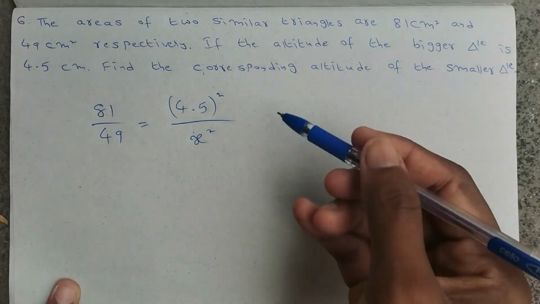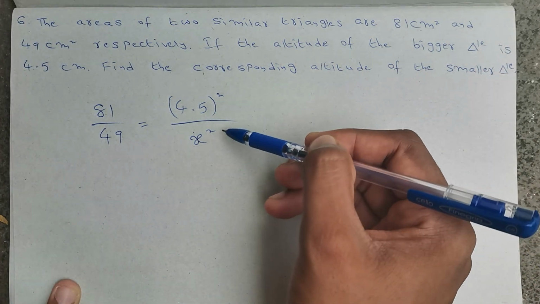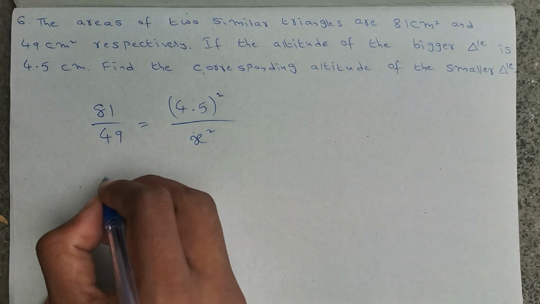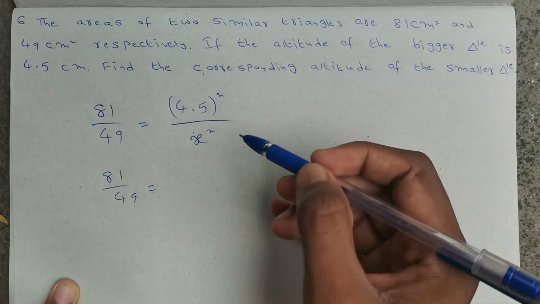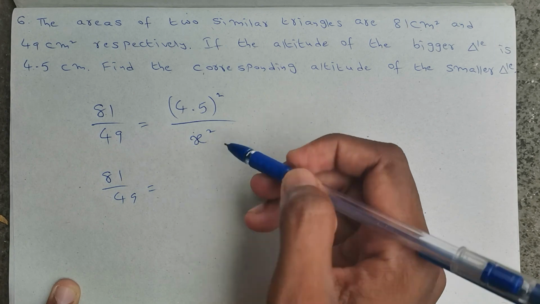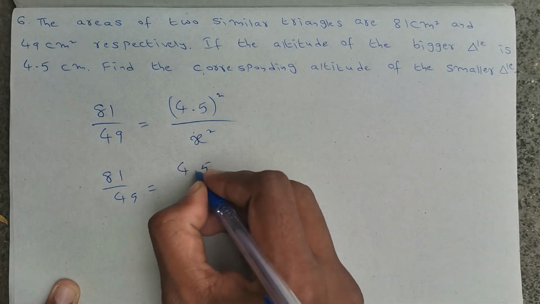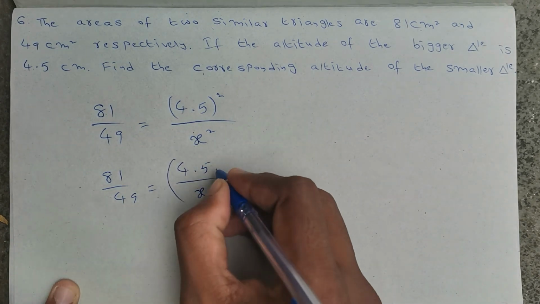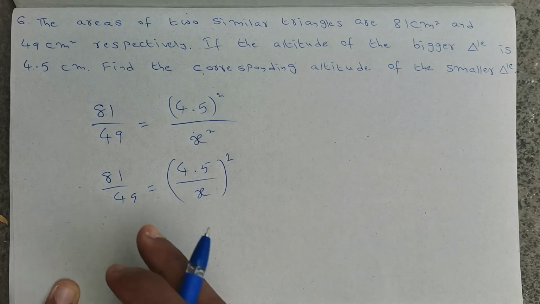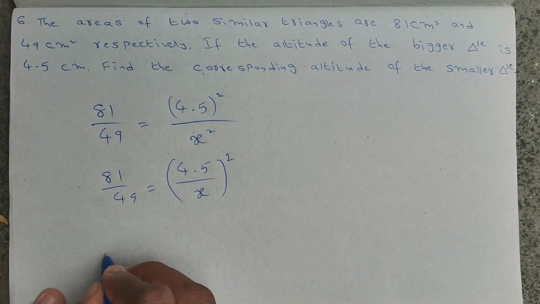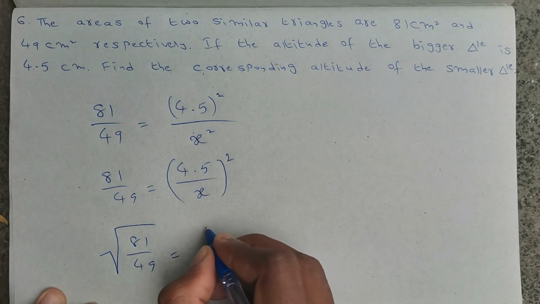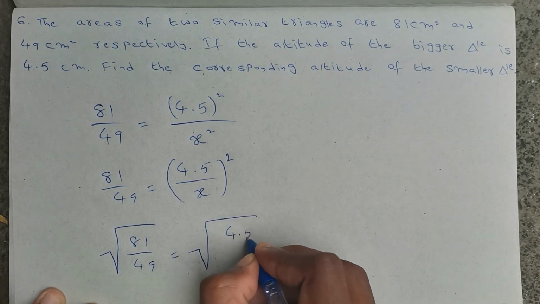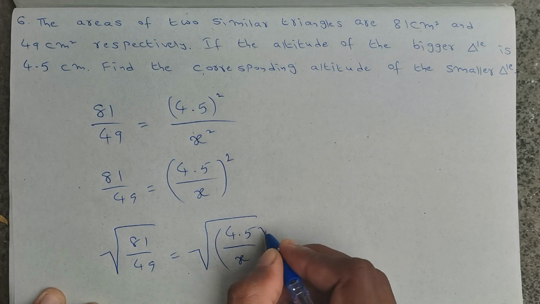Now right side we have squares, so to remove that squares I will do square root. 81 by 49 is equal to 4.5 square divided by x square, which can be written as 4.5 divided by x whole square. Now I will apply square root, under root 81 by 49 is equal to under root 4.5 divided by x whole square.